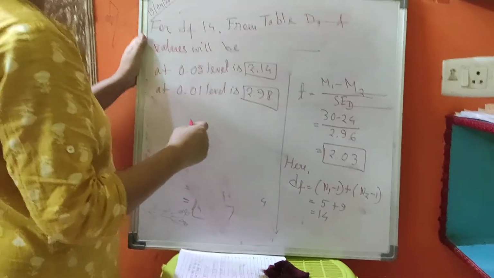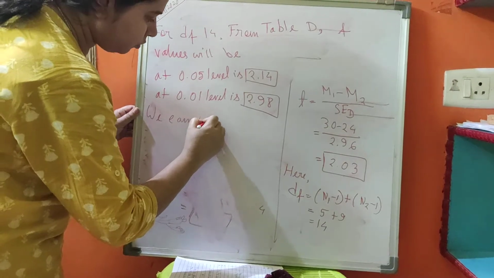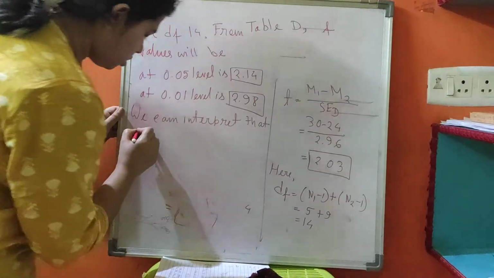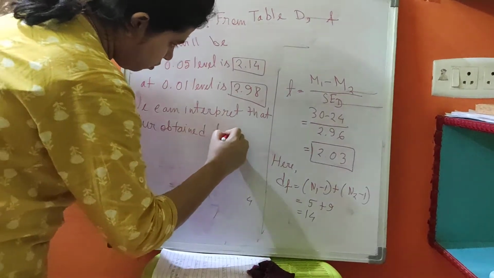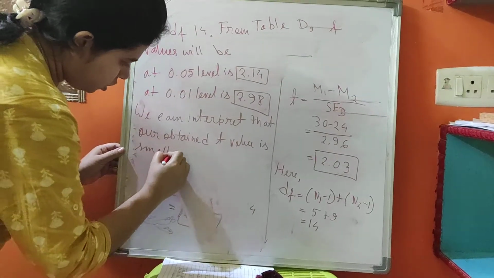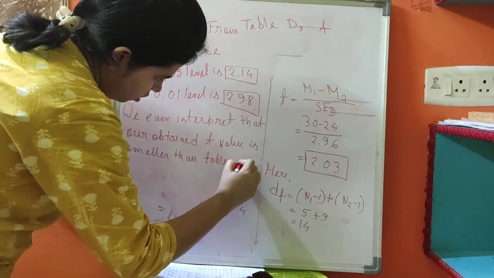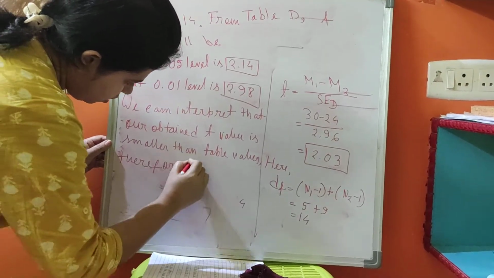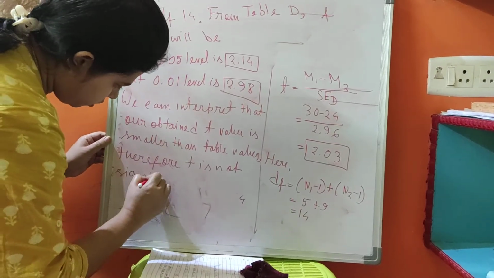So what can we interpret from that? We can interpret that our obtained t value is smaller than the table values, therefore the t is not significant.